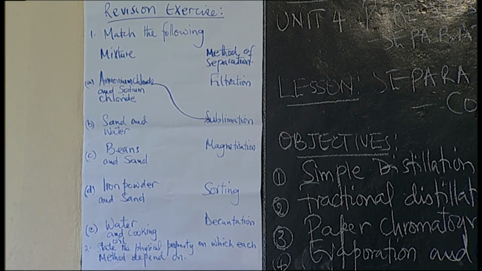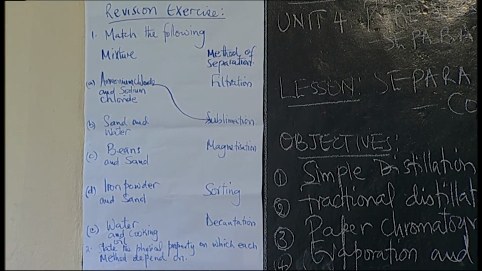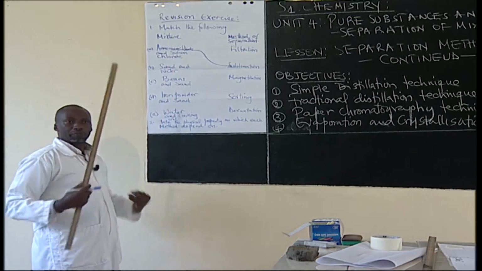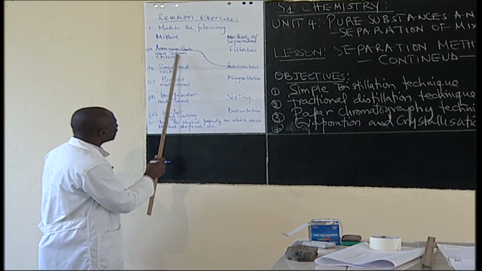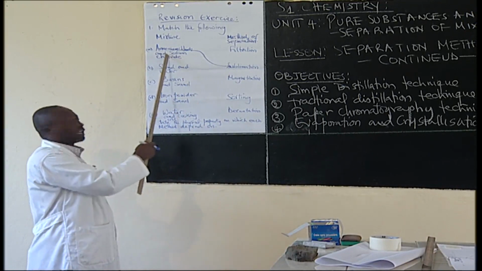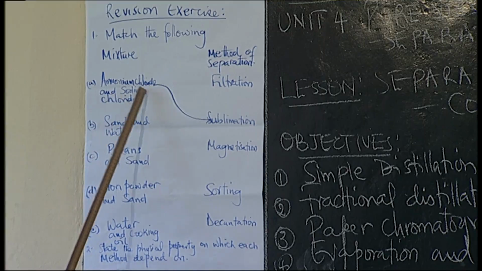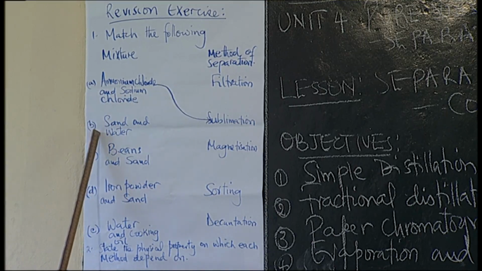If you remember what we talked about on sublimation, a substance is able to change from the solid into the gas without passing through the liquid state. So in this case, ammonium chloride sublimes and sodium chloride remains behind. That is why we are choosing sublimation as a method that can be used to separate ammonium chloride and sodium chloride.